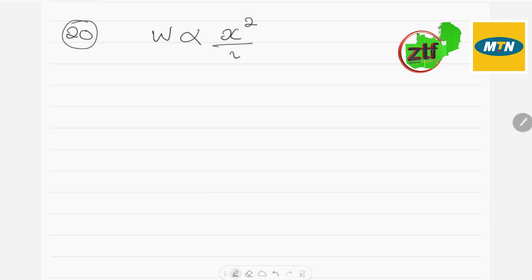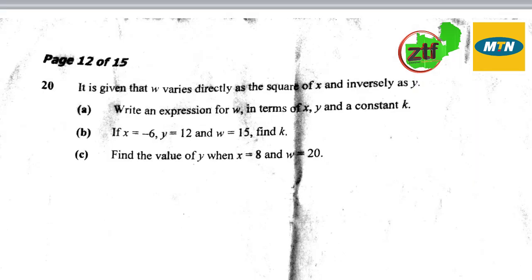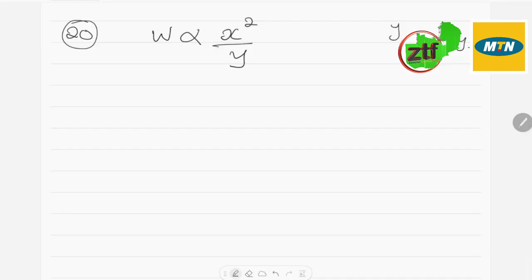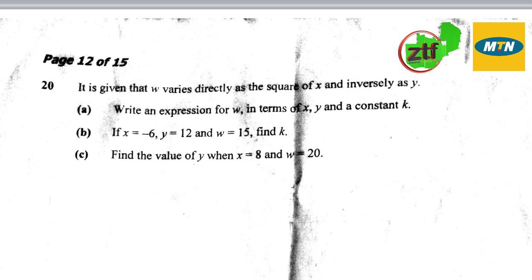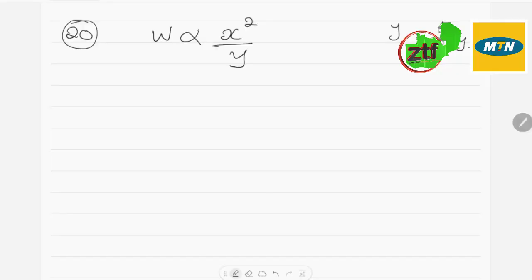So we are dividing by y, because the multiplicative inverse of y is 1 over y. We are using "and", implying that we are multiplying there. So W varies directly as x squared, and inversely as y.